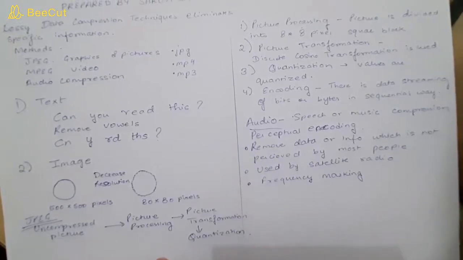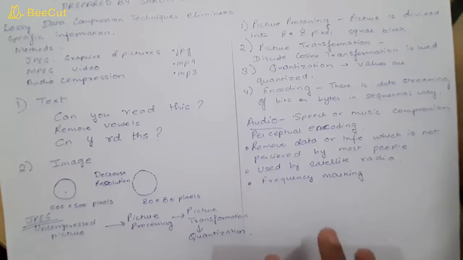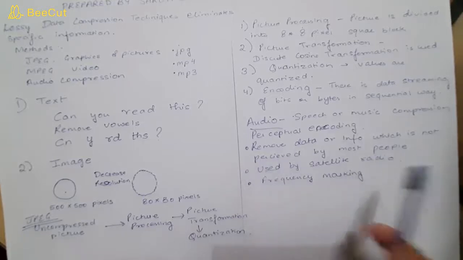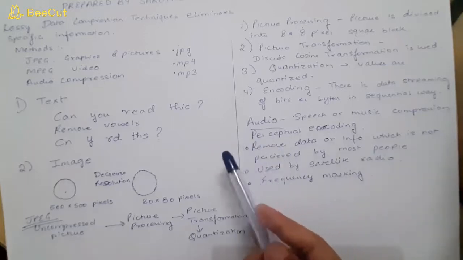So to reduce the size, I can remove the sound produced by me, because no one is able to hear it anyway, since some other louder sound is there. So it's better to remove it. That's what we are doing in perceptual encoding, and by using this technique, you can perform audio compression.